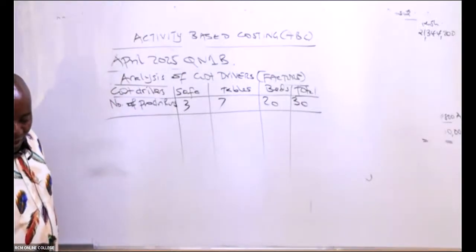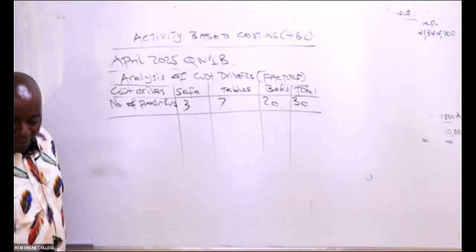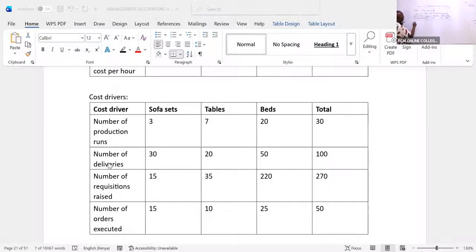So now I can go to the others without much thought, now that you have the structure. The second one is what they're calling number of deliveries. So deliveries so far, 30, 20, 50, giving us 100.